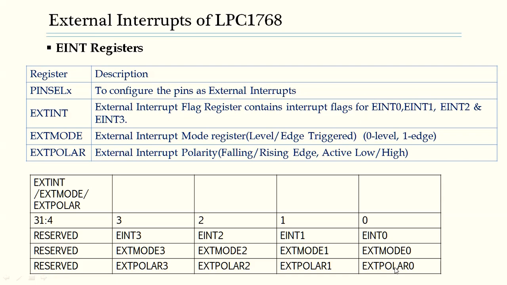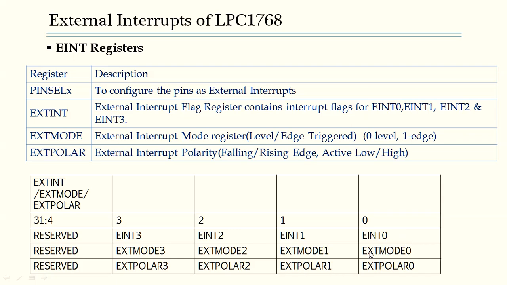Similarly, when you write a value of 1, it implies that the external interrupt is active high or a rising edge. Again, I take a small example over here. Let us take an example of external interrupt 0. It's being used, so what will we write here? We'll write a value of 1 in the 0th bit.